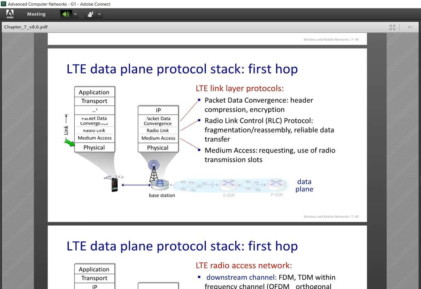At the same time we can see similar layers in the base station. Look at this one here in my cell phone. Under the IP layer, you can see the link layer and physical layer. A link layer with three sublayers and a physical layer.